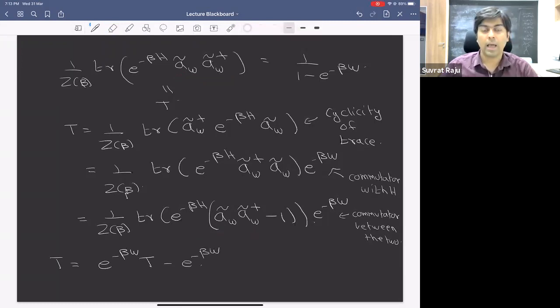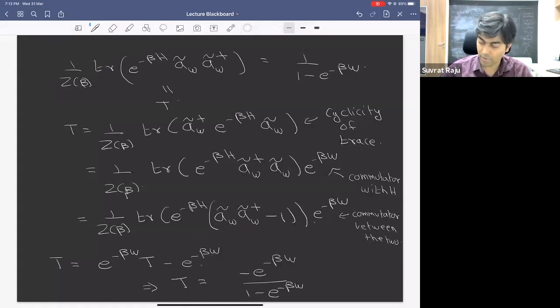Okay. And that gives us the wonderful result, which is that T is minus e to the minus beta omega by 1 minus e to the minus beta omega. Okay. The reason I write the question marks is because you see you have got a negative result for the trace of an operator that is manifestly positive. Okay.